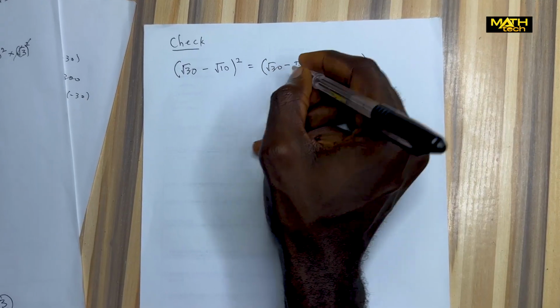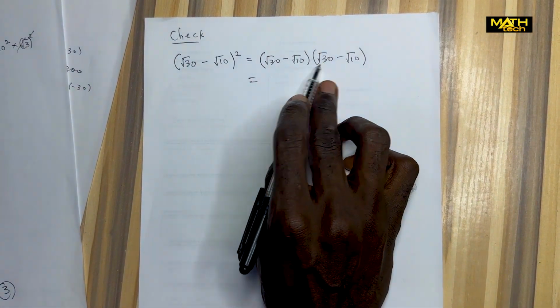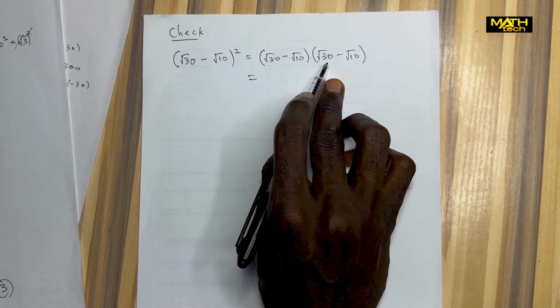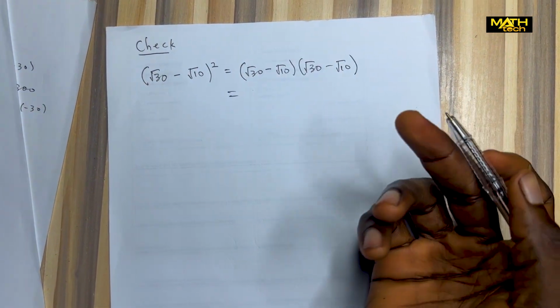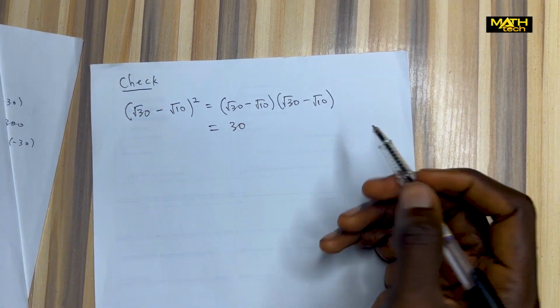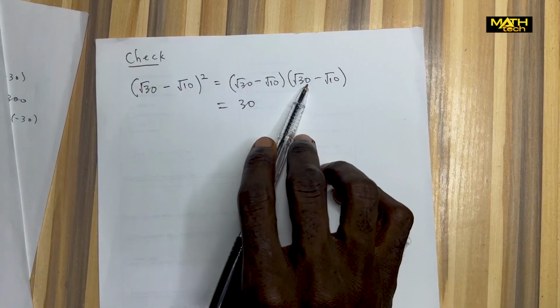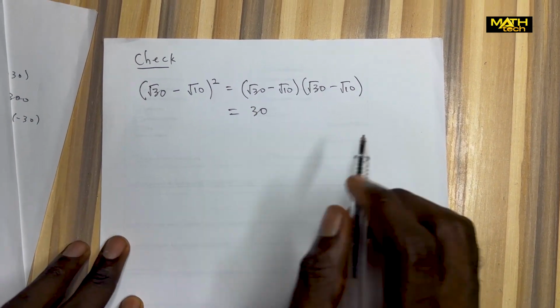So quick multiplication. So this times this, square root of 30 times square root of 30 gives us what? It doesn't give us square root. The square root cancels the square root and we have what? 30. Because it is the same thing as saying 30 times 30, it gives you the value of 30 times 30, and the square root of that value still gives you 30.